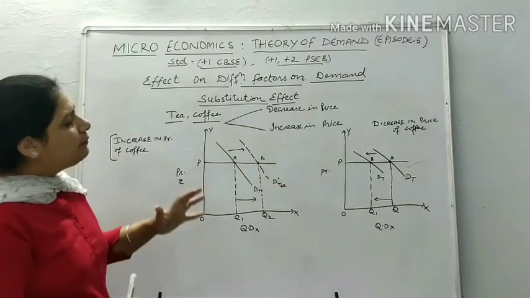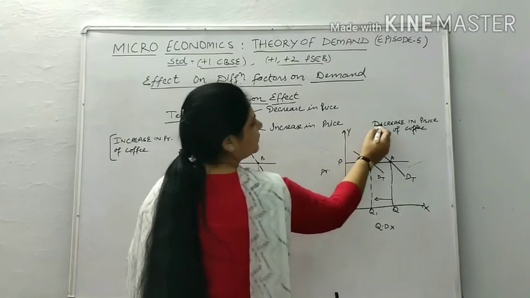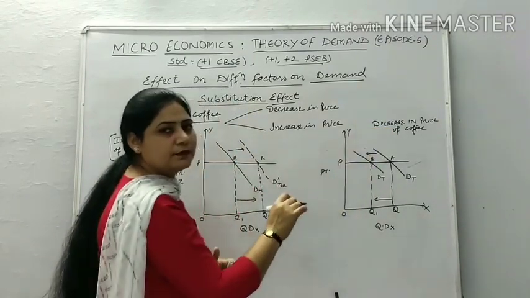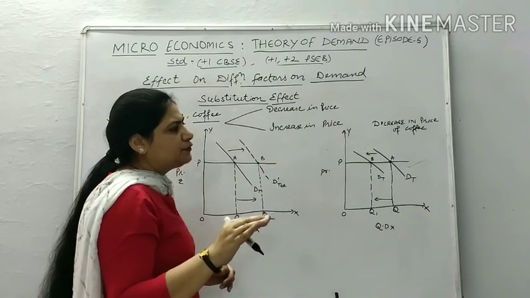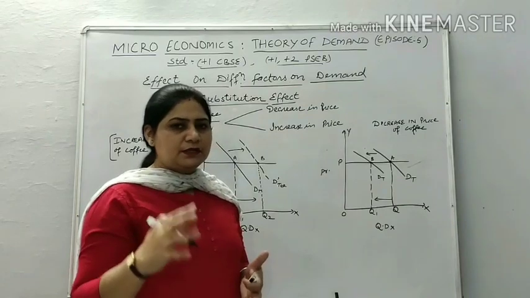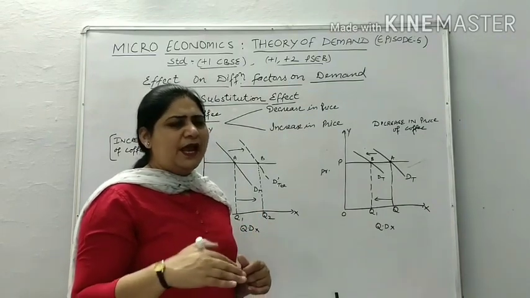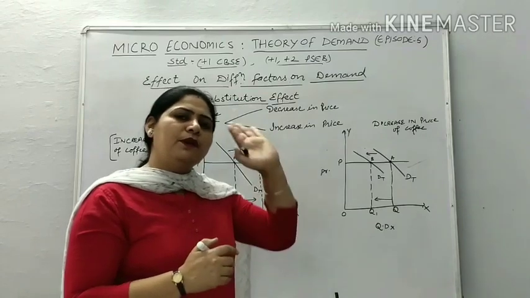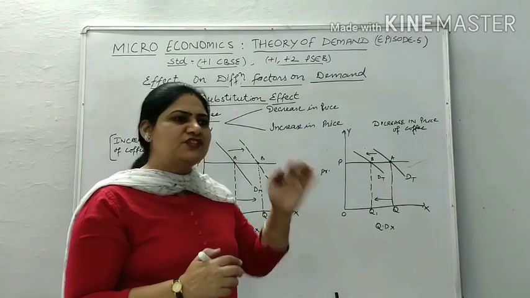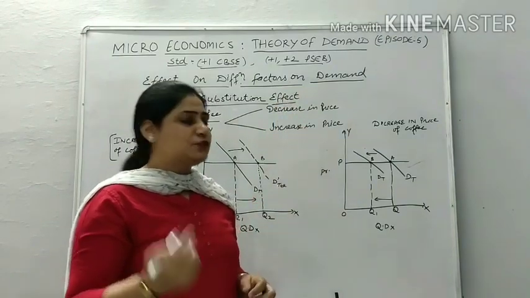Now I am taking the example of a decrease in price. Suppose there is a decrease in the price of coffee. With the decrease in the price of coffee, its demanded quantity will increase. Consumers will increase their quantity demanded, and some other consumers who did not have the purchasing power to purchase at that price now want to purchase coffee.